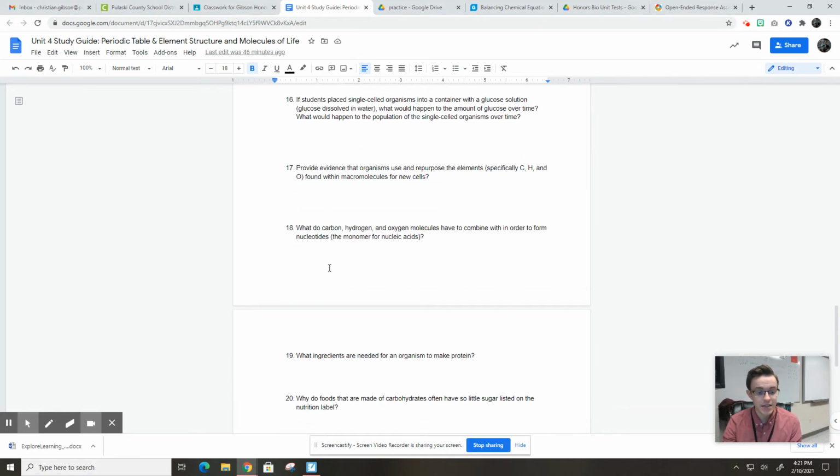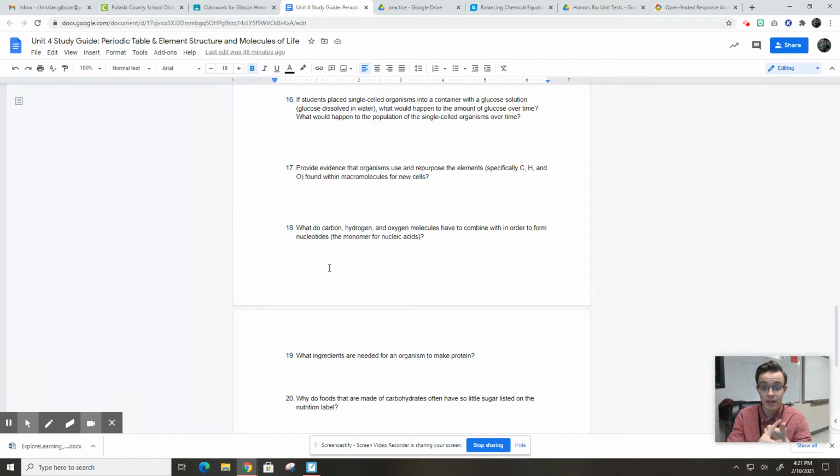Number 18, what do carbon, hydrogen, and oxygen molecules have to combine with in order to form nucleotides? So think about the structure of a nucleotide. You've got carbon, hydrogen, oxygen, but remember, a nucleotide is the monomer for nucleic acids. So part of every nucleotide is something called a phosphate molecule, which is named after the element phosphorus. So not only do you have carbon, hydrogen, and oxygen, but those atoms must also bond to phosphorus.